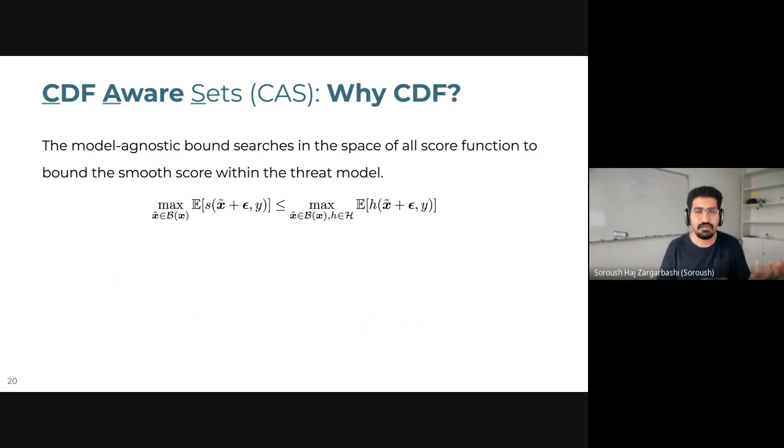So assume that I have a softmax. I can say that instead of softmax, I look at any function that returns something between 0 and 1. And I ask how this function would behave in this region around me. So I know that the maximum of this function is higher than the maximum of my own classifier. Why? Because my own classifier is a valid solution in this space.